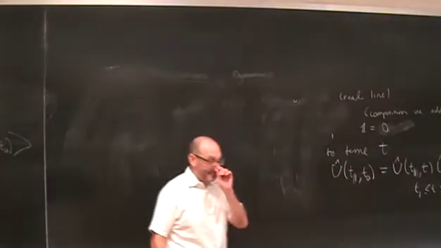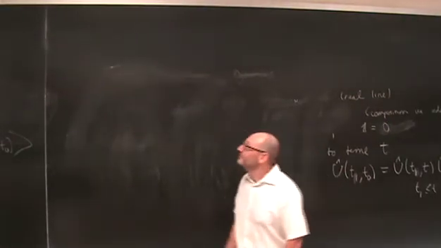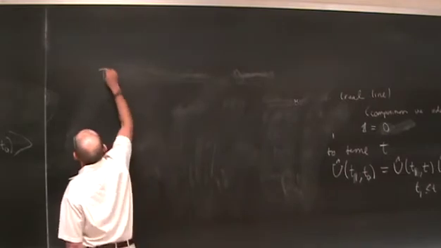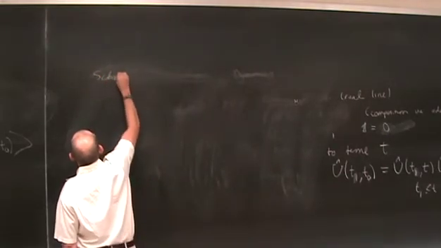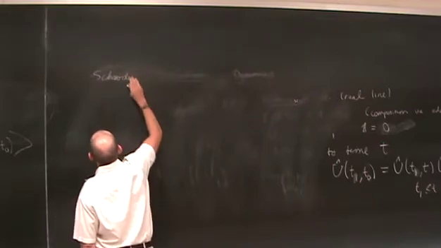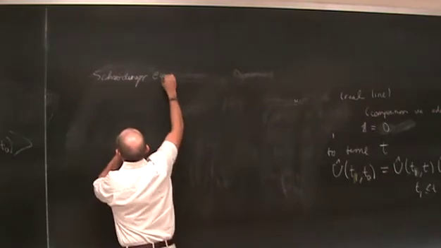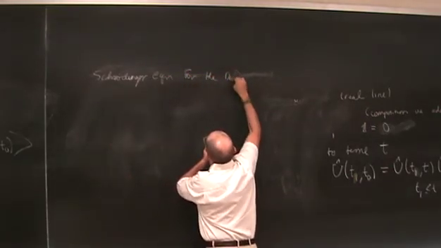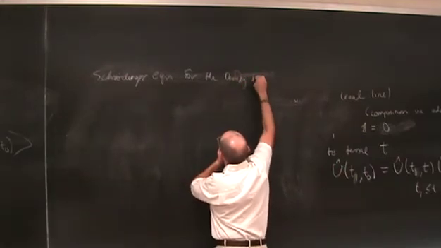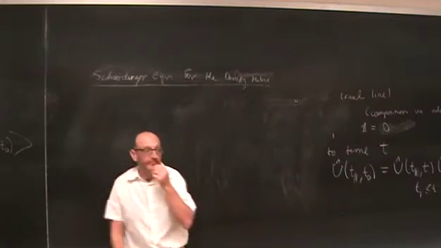It'd be mixed, according to Hamiltonian dynamics. How do we do that? So we want the Schrödinger equation for the density matrix. There are lots of ways to do it. Anybody have any suggestions? Yeah.